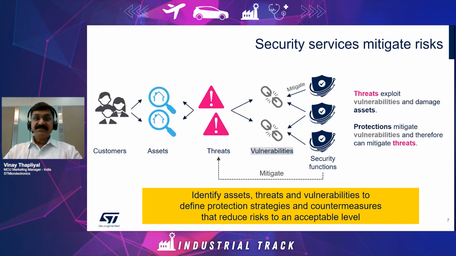So as we discussed, protections mitigate vulnerabilities and therefore can mitigate these threats. Security functions and services are great measures to mitigate these risks. As a designer, you must identify assets, threats, and such vulnerabilities to define protection strategies and countermeasures that reduce risk to an acceptable level.